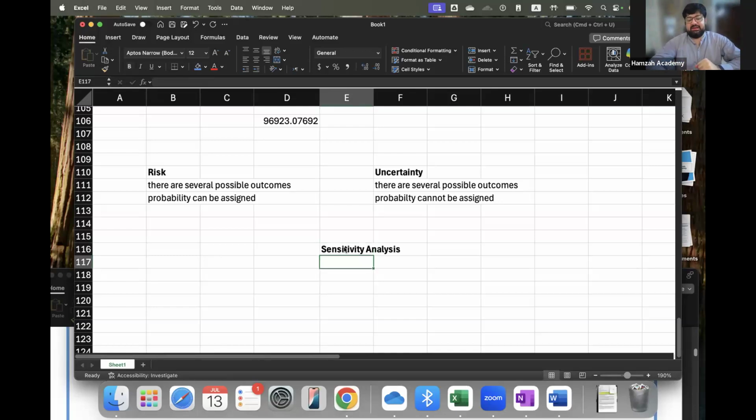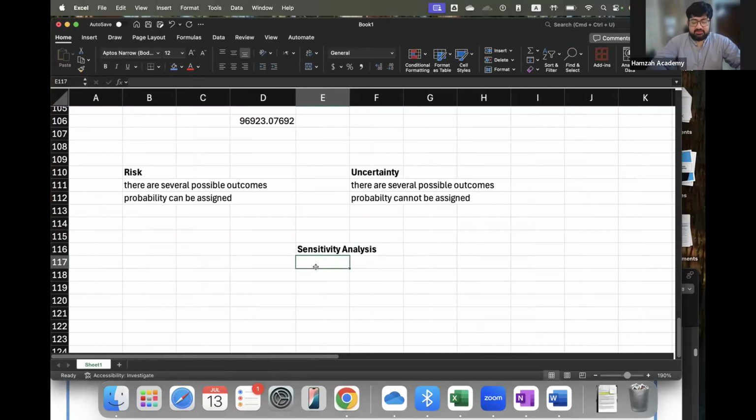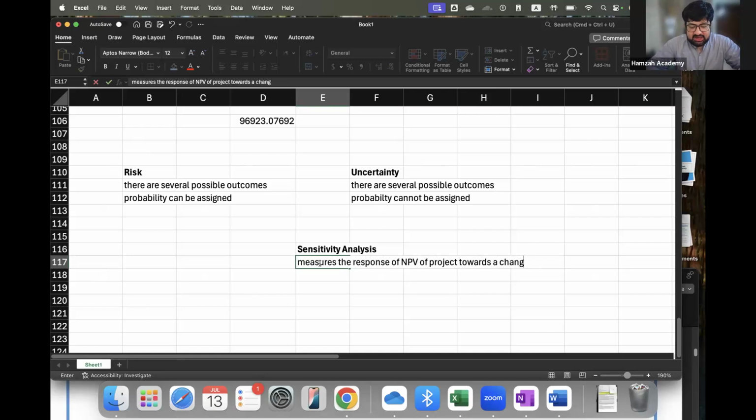So sensitivity analysis actually measures the percentage response of the NPV of a project towards a change in a certain variable.